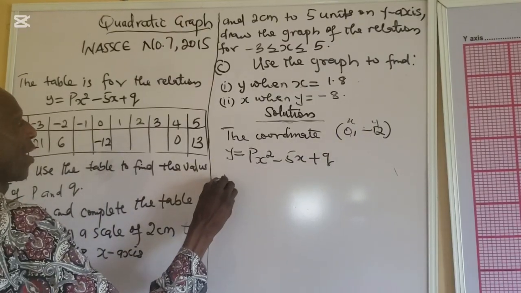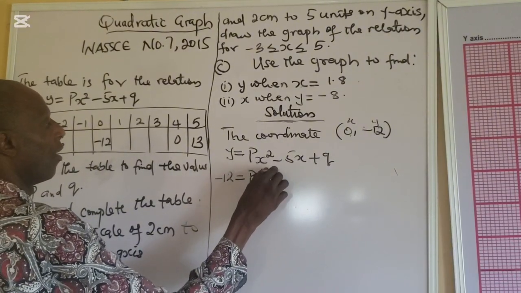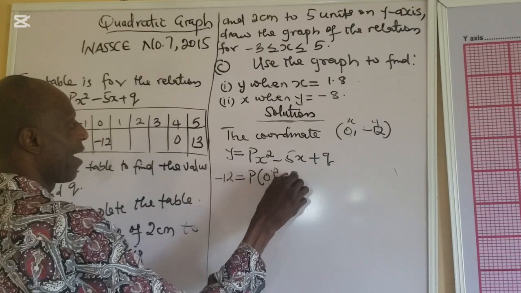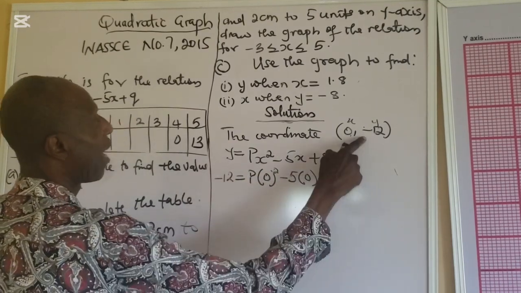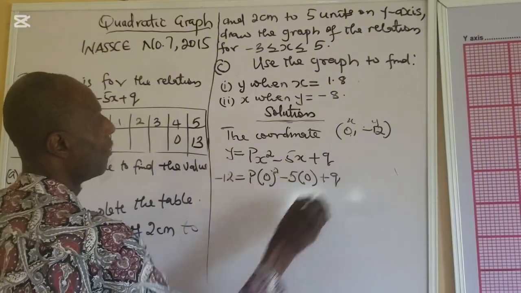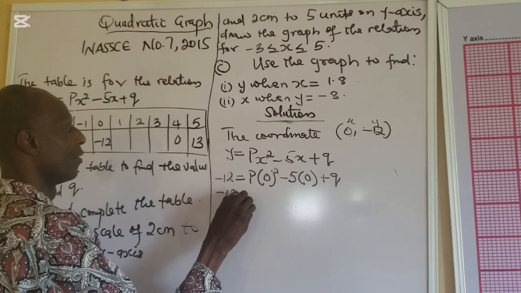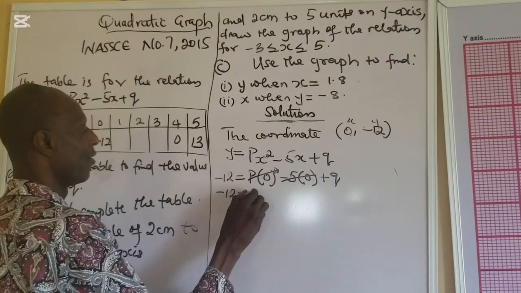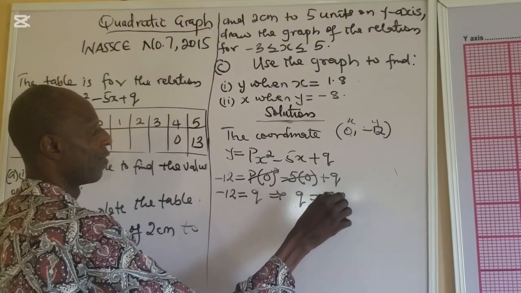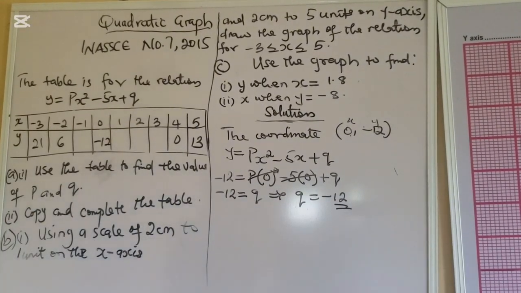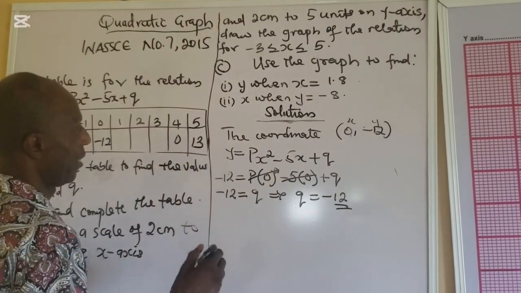So minus 12 is equal to p bracket 0 all squared minus 5 bracket 0 plus q. Everything here is 0, so 0 is equal to q, which implies that q is equal to minus 12. So we have q to be minus 12. So we are looking for p now.